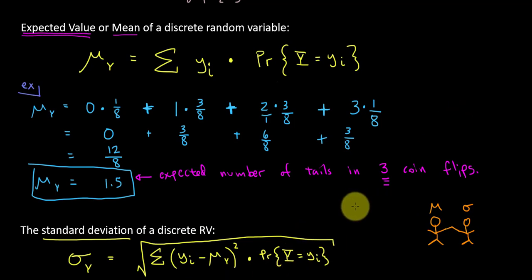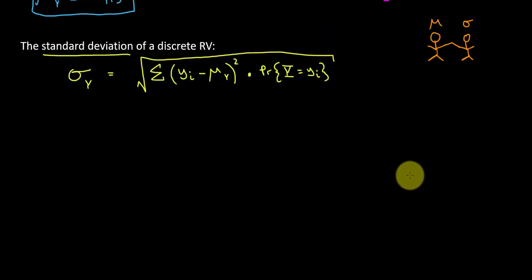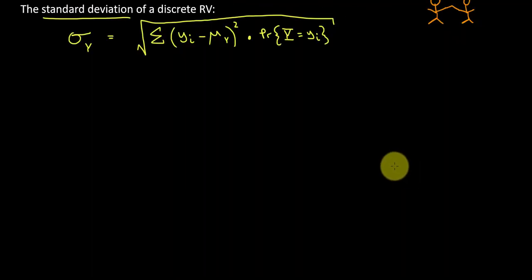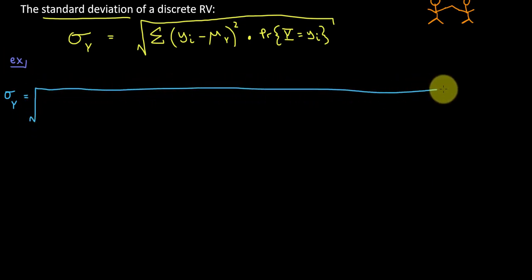Let's illustrate this with our coin flip example. I'm going to need some space. Example. Okay, I will write that big square root. I think that will be sufficient. We're going to need to do some additions. But we'll start with 0 tails.